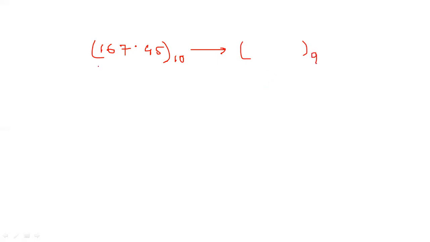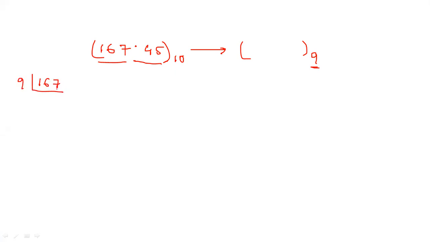So what we do, first step, this is the first part, this is the second part. First part we need to divide with the base of the number system to which we need to convert. We need to convert into the base 9 number system. So we have 167, and that 167 we need to divide with 9.